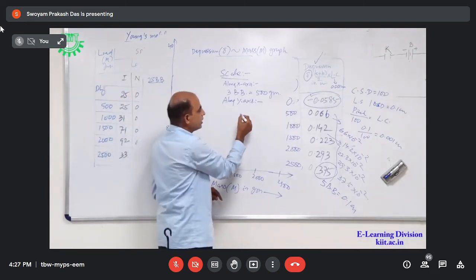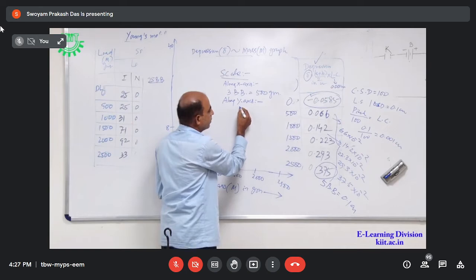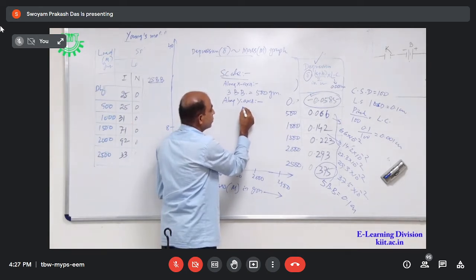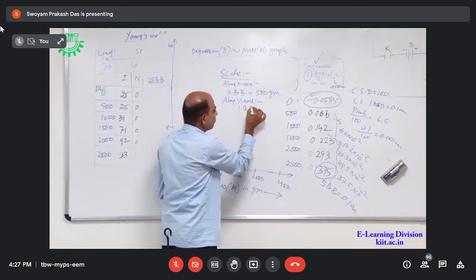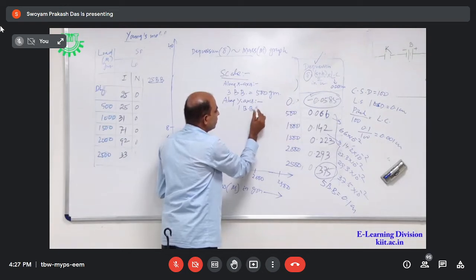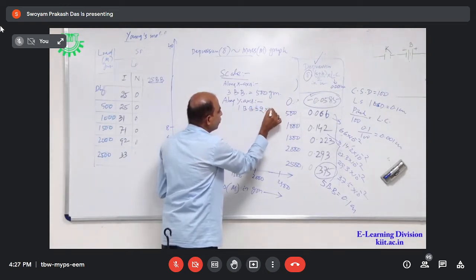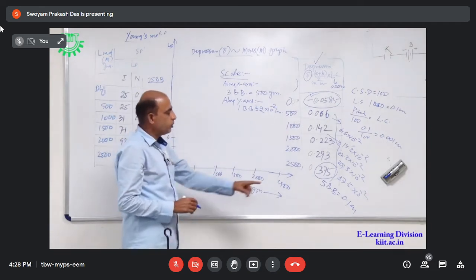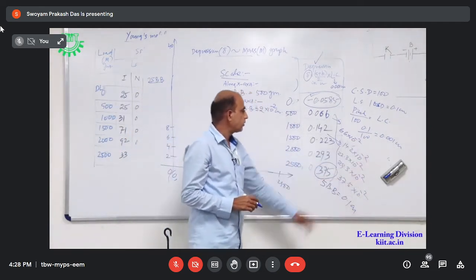So along the y-axis, if I take the scale, one big box is equal to 2 into 10 to the power minus 2 cm, because everywhere 10 to the power minus 2 is taken.